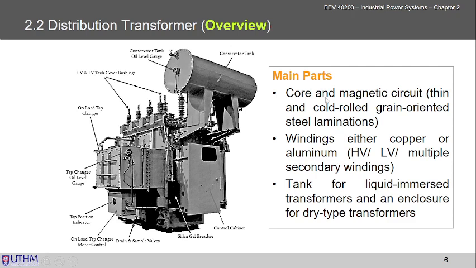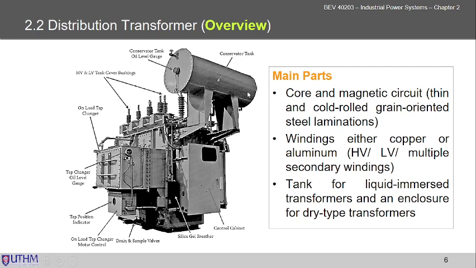The main parts of this transformer are normally, as we have learned previously, the core and magnetic circuits, which is the core, and the winding as well. In some specific types of the transformer, they have the tank, called the conservator tank.